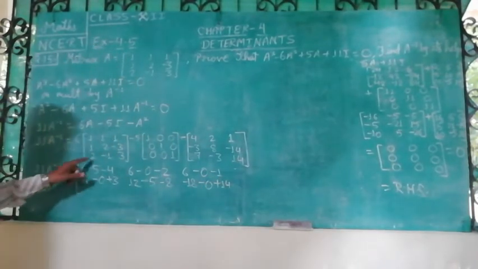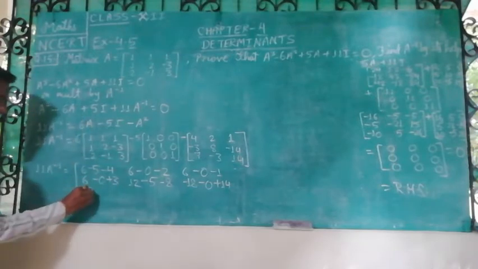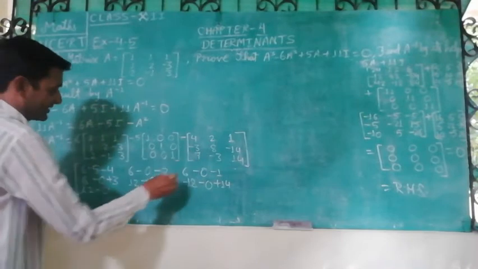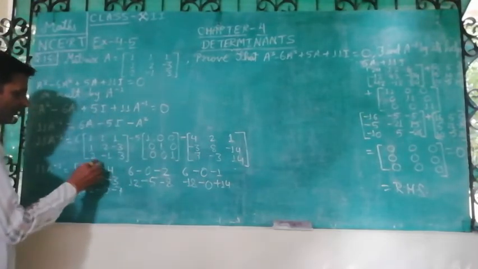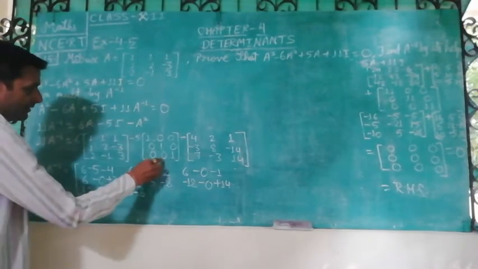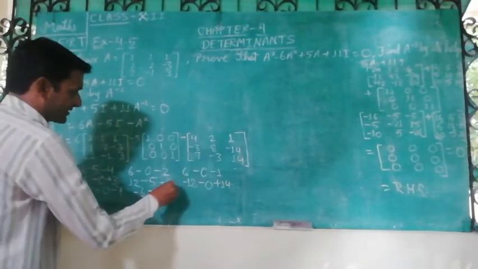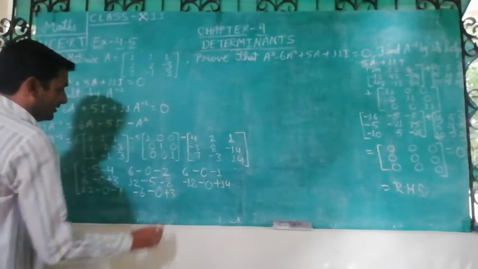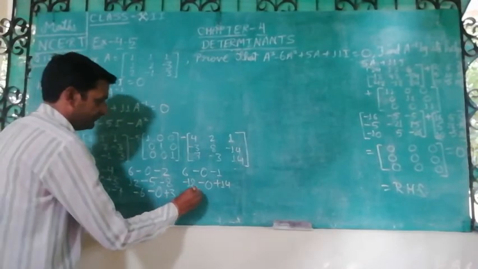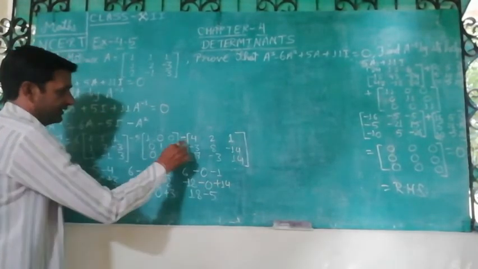Now what? 6 twos are 12, minus 0, 12 minus 0, 12 minus 0, minus 7. Now what is needed? 6 into minus 1 is minus 6, minus 0, and then minus into minus plus 3. Now the last element, 6 threes are 18, minus 5 ones are 5, and then minus 14.